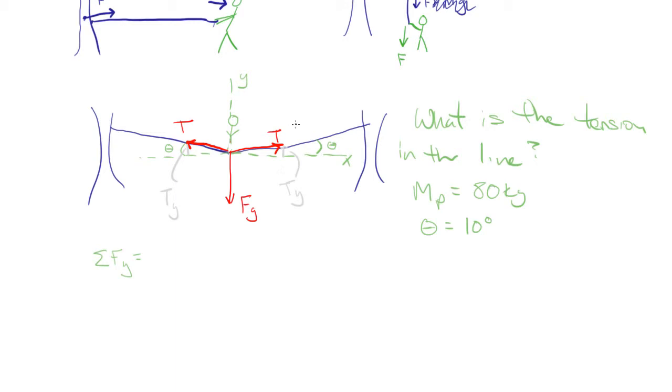The magnitude of the tension vector is the same on each part of the rope, so I just have two T_y's. They're going to be the same. So what I have then is 2 times T_y minus the force of gravity is equal to mass times acceleration in the y direction, which is 0. All right? So twice the y component of tension minus gravity equals 0.